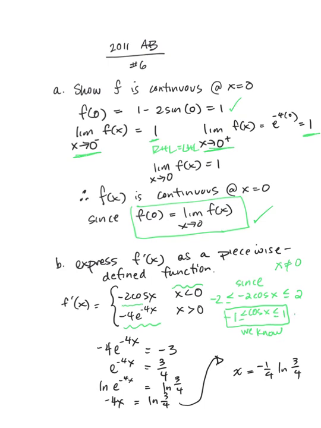Well, since we know that cosine x lies between 1 and -1, -2 times that has to lie between -2 and 2. So that's never going to be a value of -3. So we're going to set -3 equal to that second piece of this piecewise function, and then using natural logs, we solve for x there.